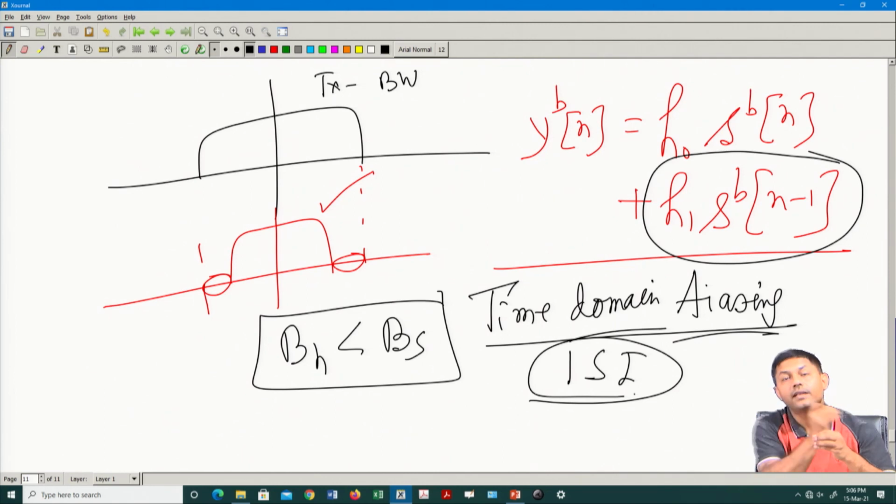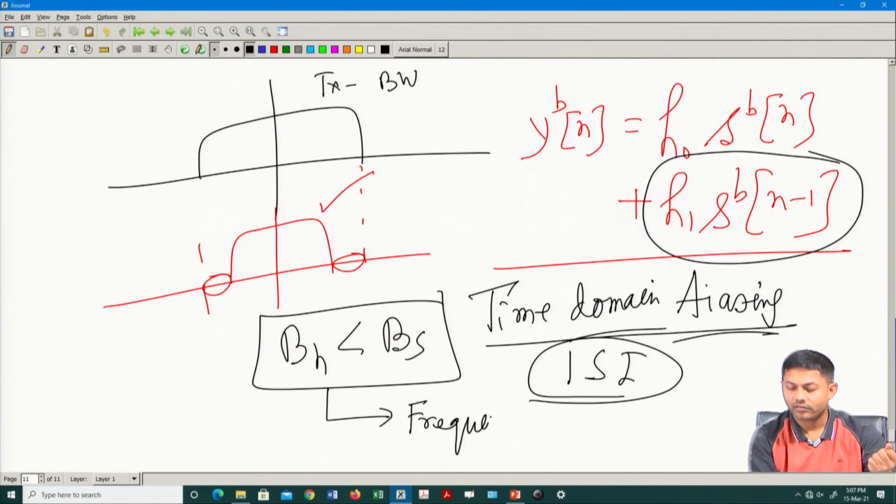That means some of the previous data will now come into your present data, and that is a kind of interference. Okay. So, such a scenario is called frequency selective.